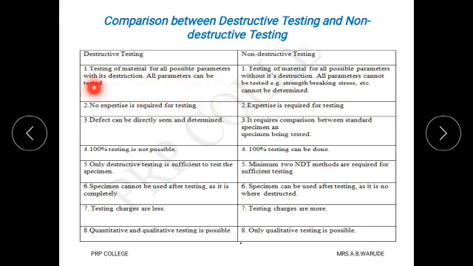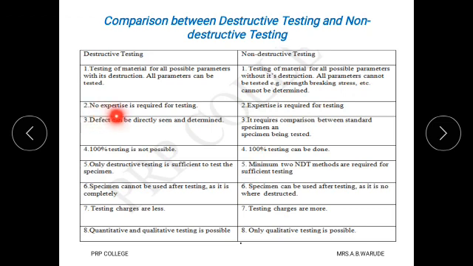But in NDT, the testing of material for all possible parameters is done without its destruction, and all parameters cannot be tested. For example, strength and breaking stress cannot be determined.